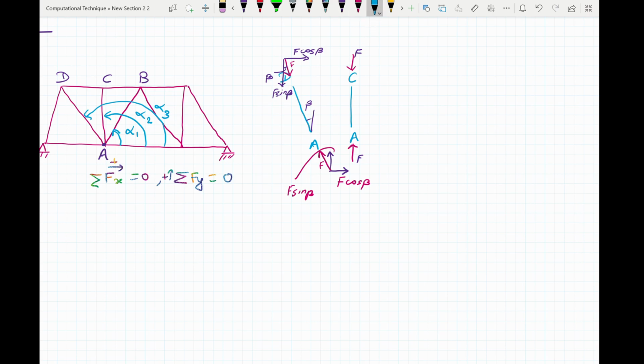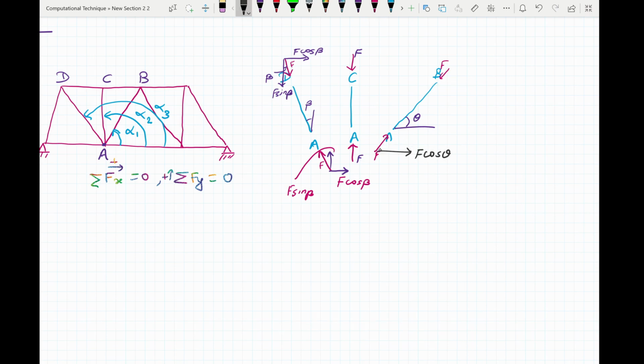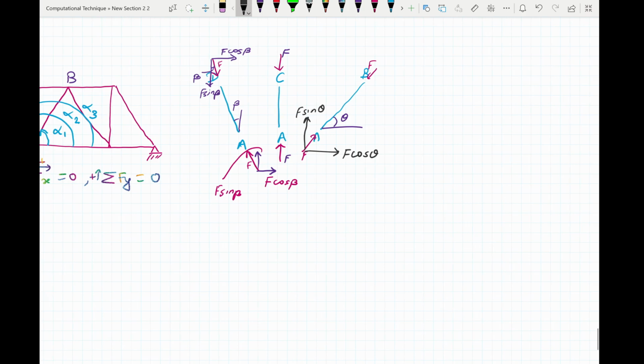Now AB is oriented like this. Now if you have force acting in this direction, let's say this is F again, and let's say this angle is theta, then the force acting in the x direction will be F cos theta, and in the vertical direction will be F sine theta. Similarly, here also the force acting in this direction will be F cos theta, and this direction will be F sine theta.